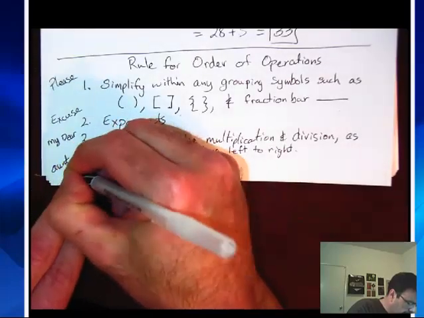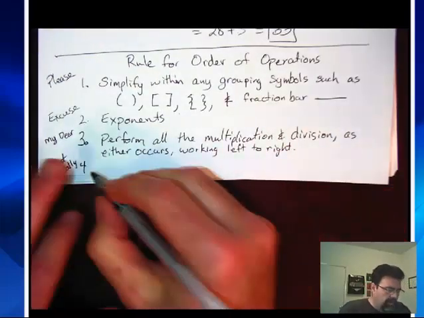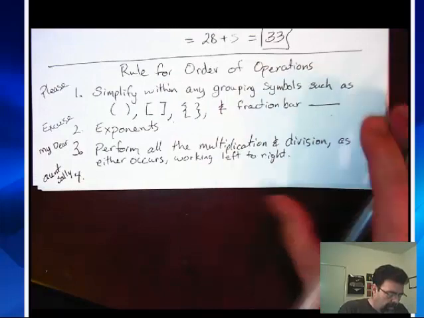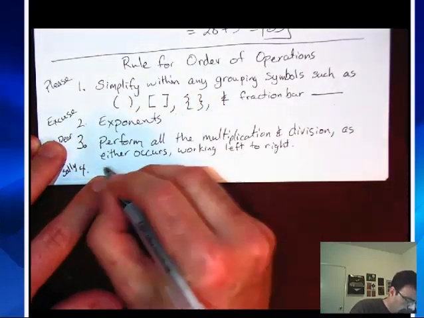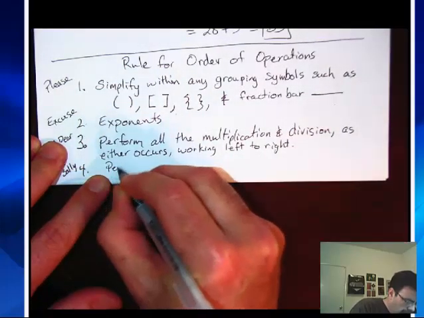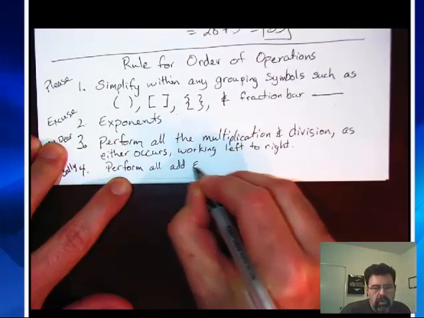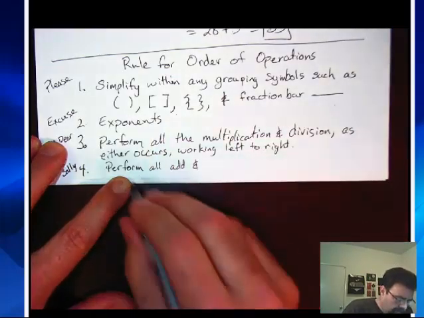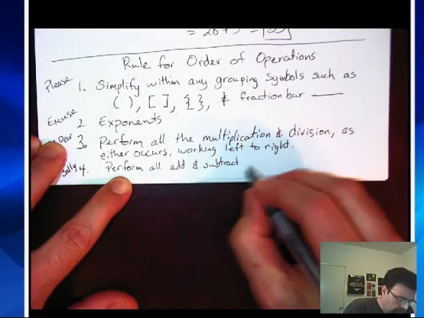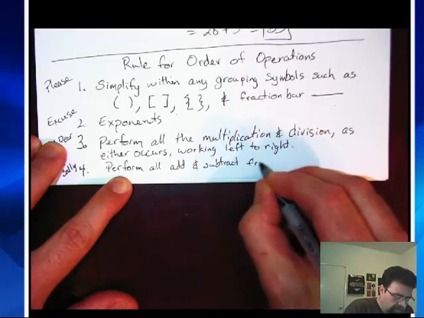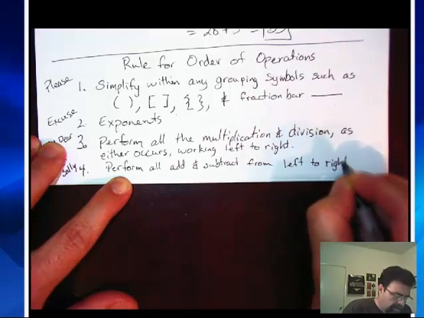And then for that's Aunt Sally. And again, same thing. Adding and subtracting are the same level of precedence, so you don't necessarily do one before the other. They're tied, so the tiebreaker is left to right. So I'm just going to write that: perform all addition and subtraction, and at this point, that's all that should be left, from left to right.